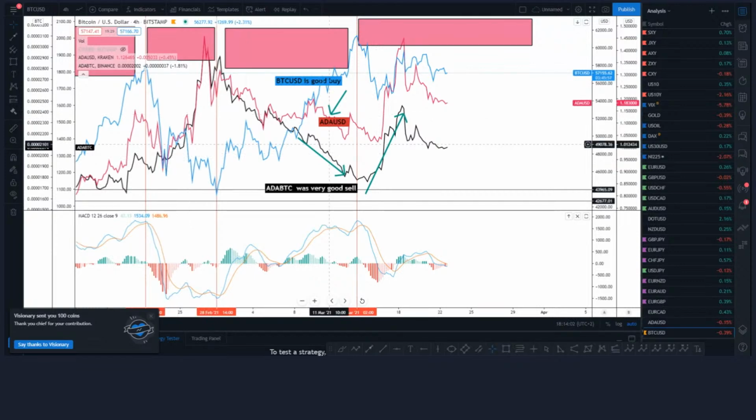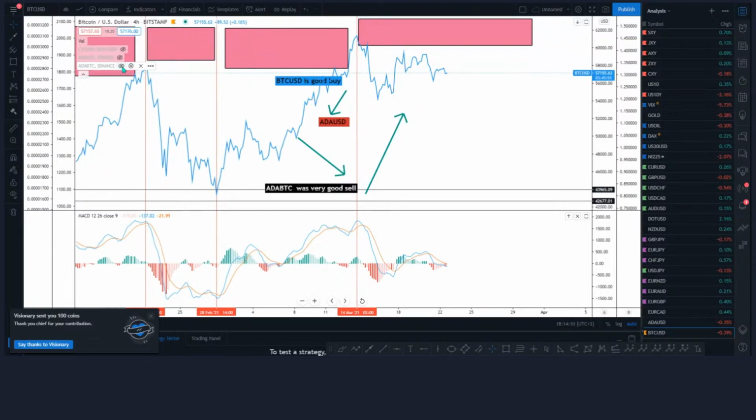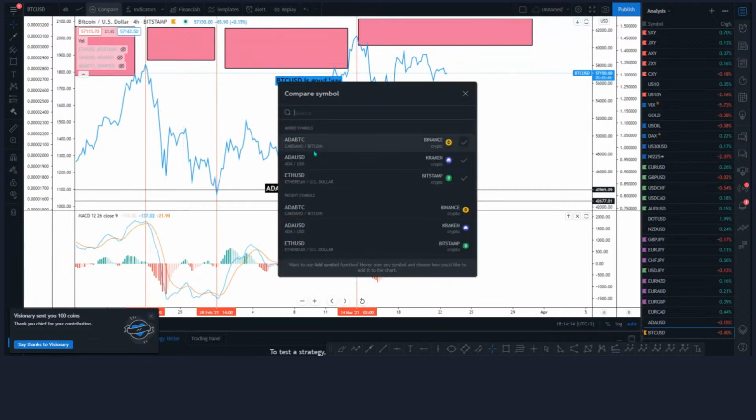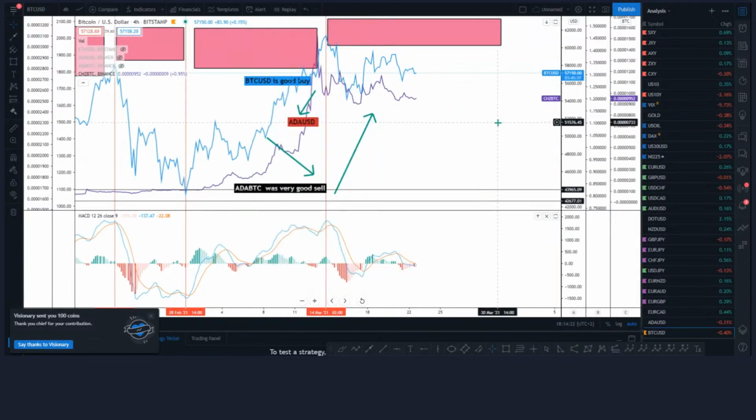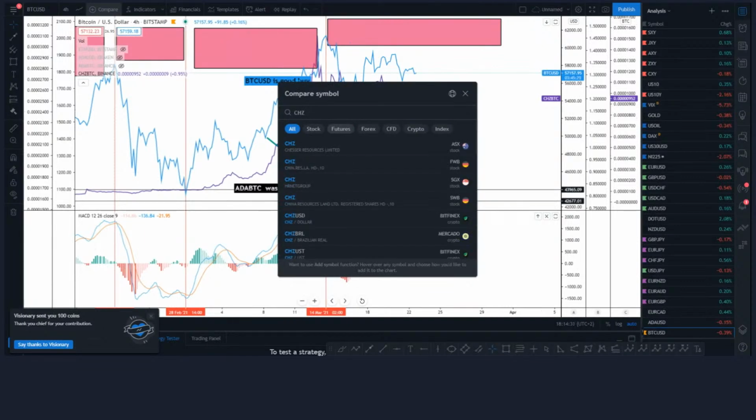So the same idea, you can compare many things. Let's take the ADA BTC off, and we start comparing. Let's say compare right here CHZ BTC. This is currency right here, bank. Then CHZ USD.